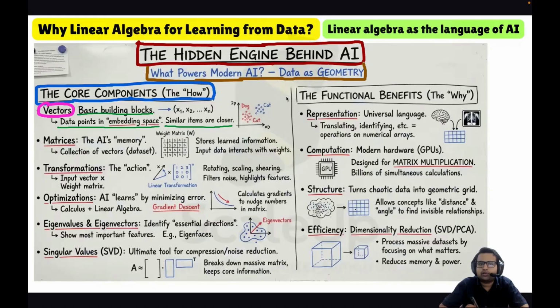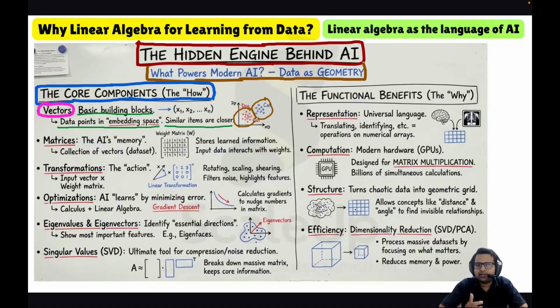Let us suppose we have data related to a dog, so it will be close in this region, and the data points related to a cat will fall in this region. So similar items will be mathematically closer to each other.